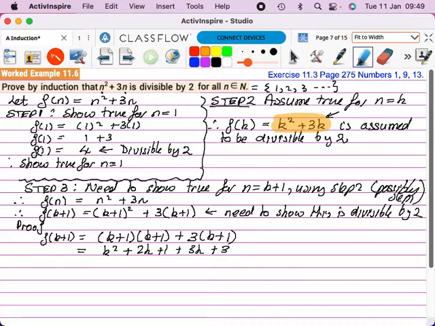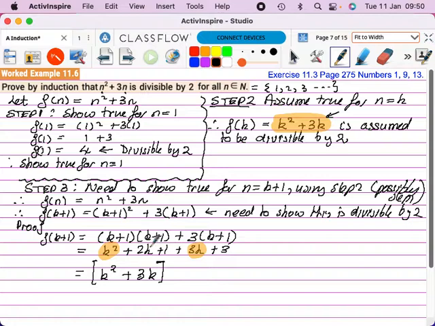That's what I want. Do I have a k squared already? Yes, I do. Do I have a 3k? Yes, I do. So what I'm going to do now is write those next to each other. K squared plus 3k. I might emphasize that I'm highlighting it by putting it just in a square bracket. And now what I'm going to do is tidy up the rest.